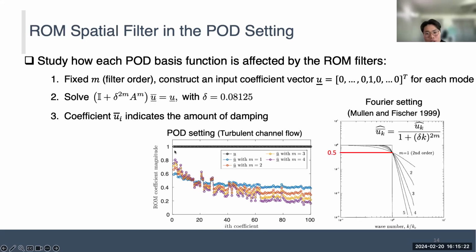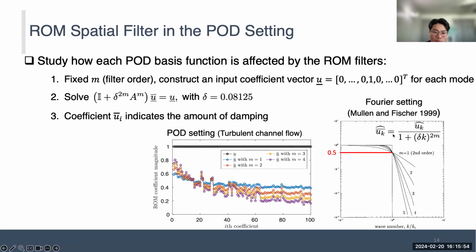And if you compare to what has been studied at the modal level, in 1999, Mullen and Fischer have this transfer function for the Fourier coefficient. On the y-axis is the filter Fourier coefficient magnitude, and they're doing m equals 1 to 4, which is of course same as what we did in the POD setting.